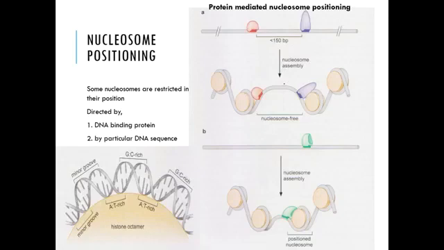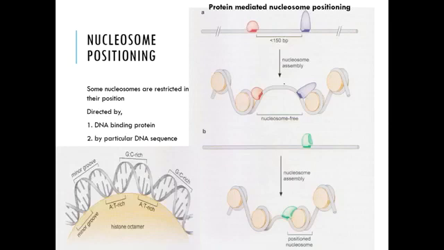This nucleosome positioning can be either by some proteins or by a particular type of DNA sequence. Here, the position of the nucleosome will be fixed on a particular DNA sequence.